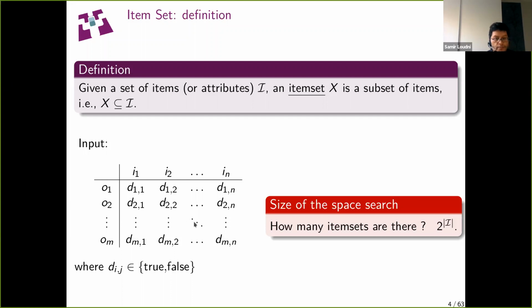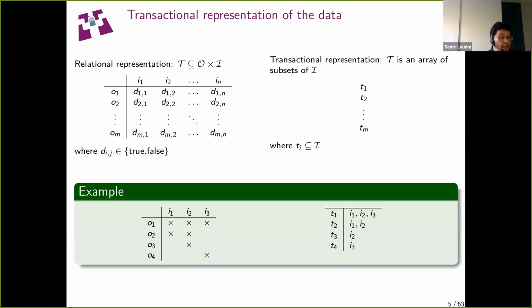In the literature, we can find two kinds of representation of transactional databases, namely the relational representation, where objects or transactions are described with Boolean attributes in I, or transactions are presented as arrays of subsets.